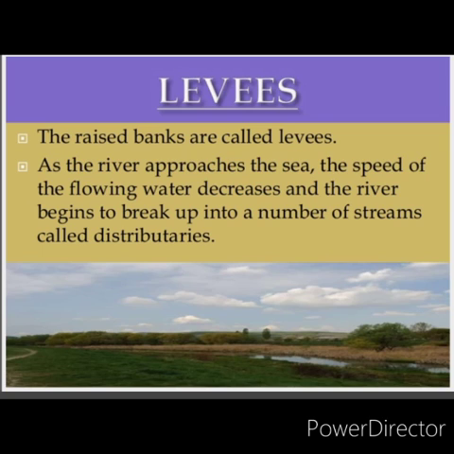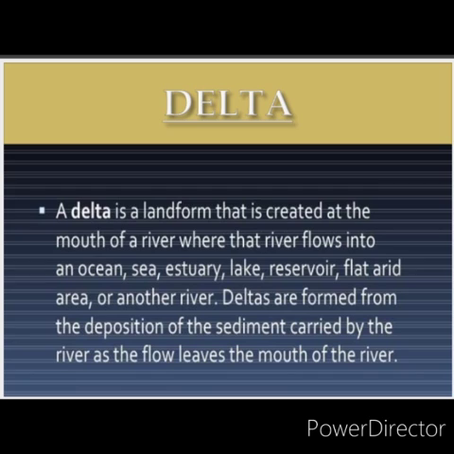As the river approaches the sea, the speed of the flowing water decreases and the river begins to break up into a number of streams called distributaries. Delta.